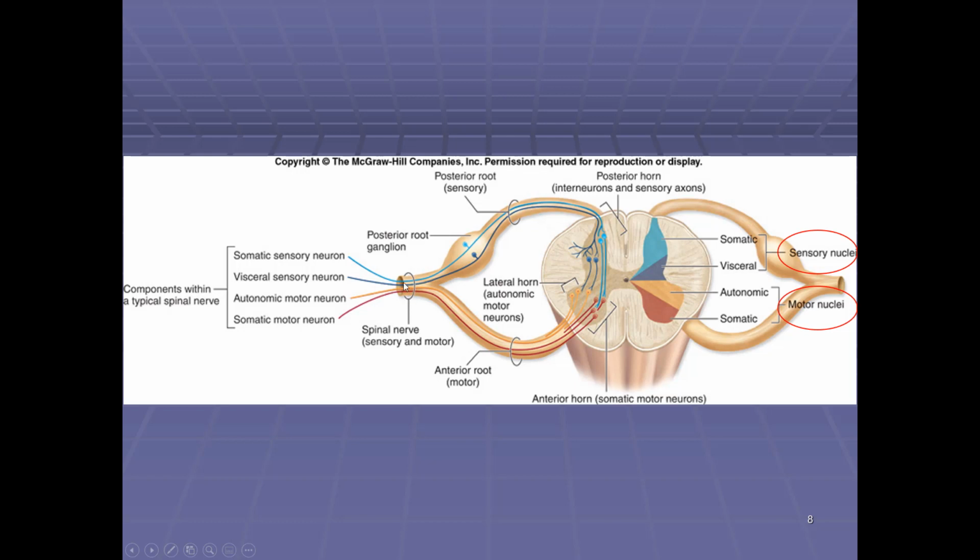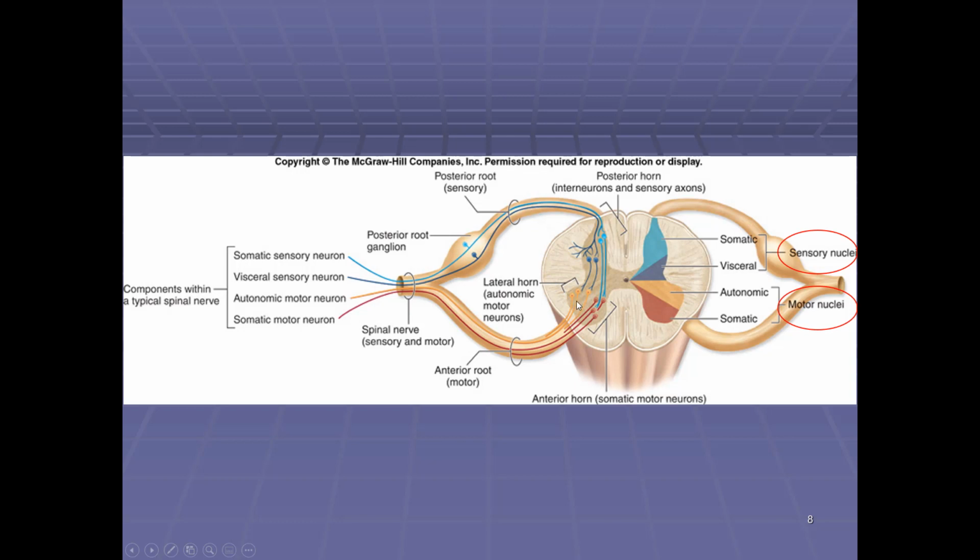Then they merge here and form what we call the spinal nerve. There's a little enlarged region in the posterior root called the posterior root ganglion, and that is where all the sensory neuron cell bodies are. So sensory neuron cell bodies are in this posterior root ganglion.